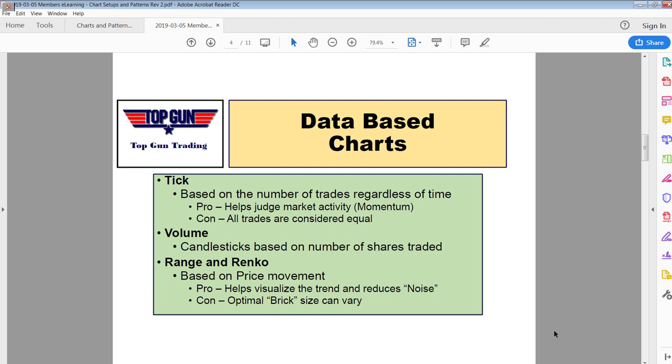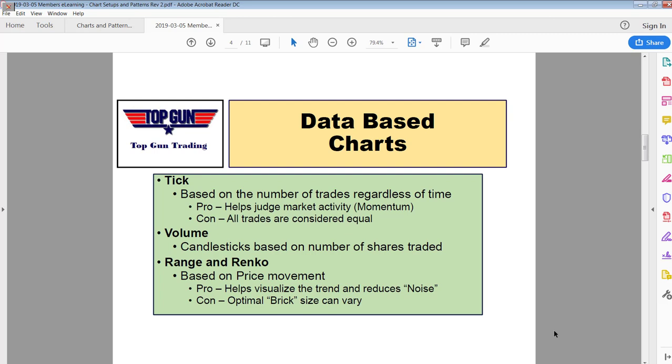And the pro of that is it can help you judge the momentum, but the con is that all trades are created equal, and one trade at 1,000 shares or 50,000 shares are going to be equal trades. And in fact, we know that these are probably not equal trades.